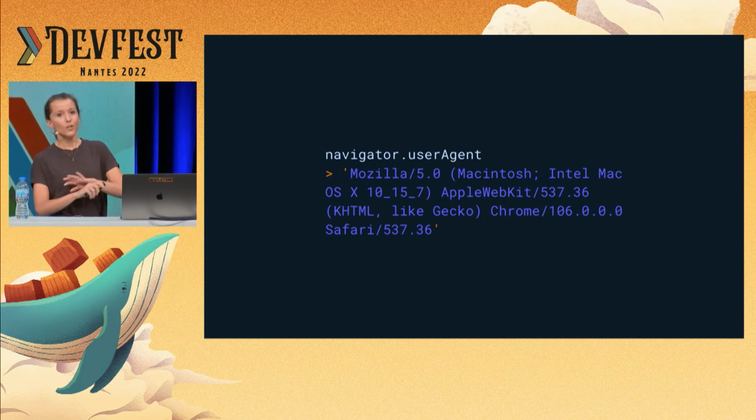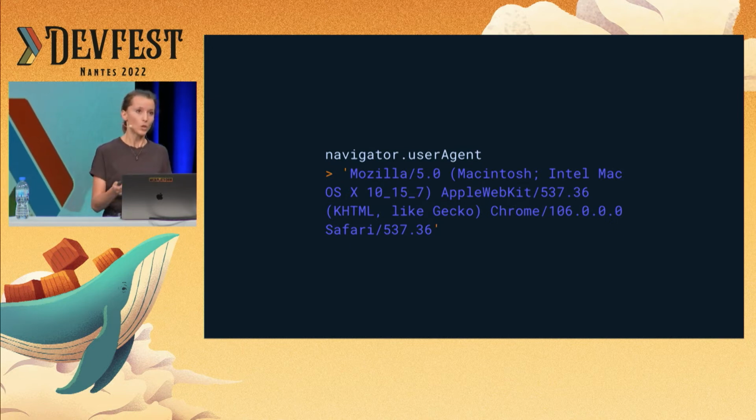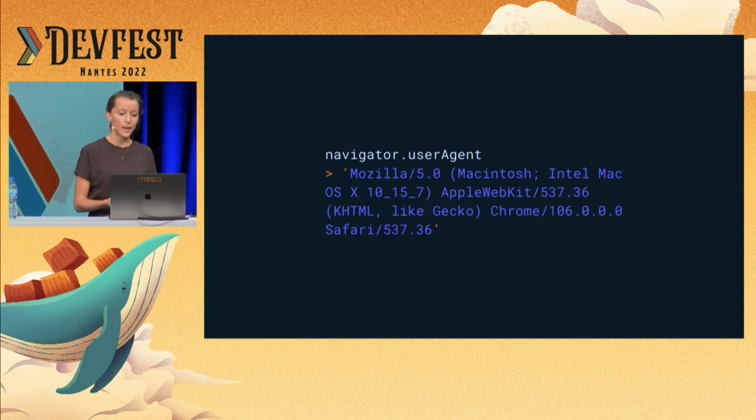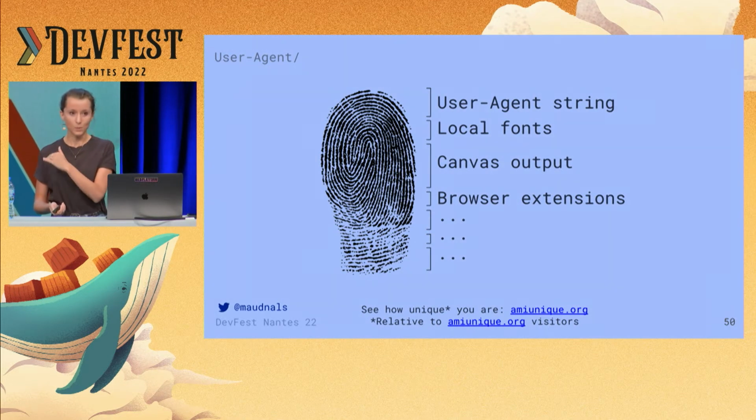All of these are bits of information that are somewhat stable over time for one user, but they're going to vary a lot across different users. And because of that, all of these elements combined can create a fingerprint of you as a user.